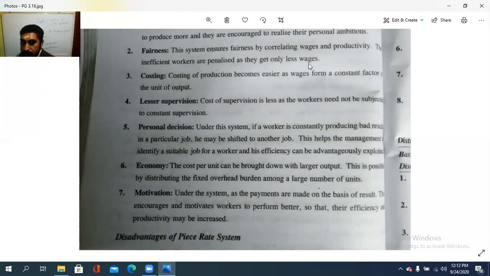This helps the management to identify a suitable job for a worker, and thereby efficiency can be advantageously exploited. So personal decisions can be changed. Management can concentrate more on efficient workers, and if a worker is inefficient and produces bad results, he may be shifted to another job. So that is the case.